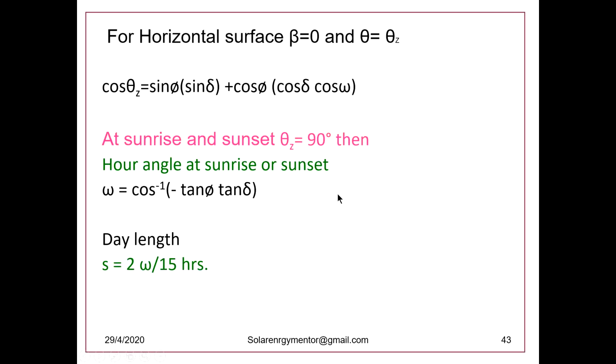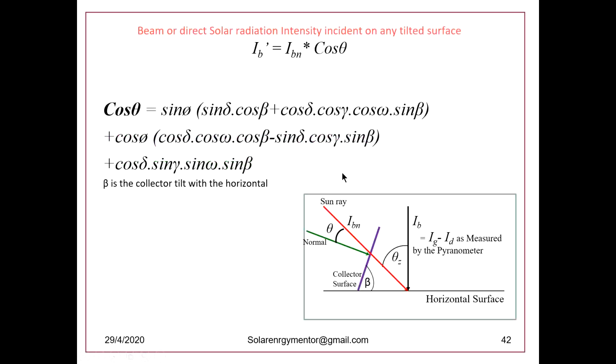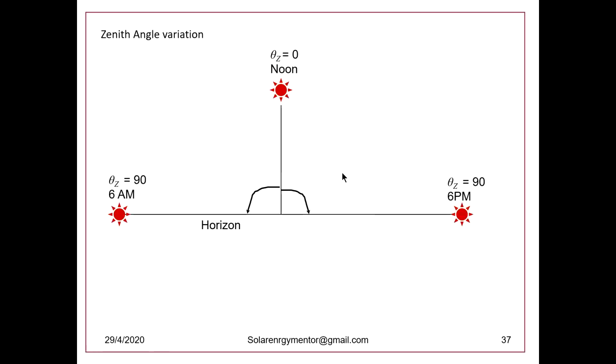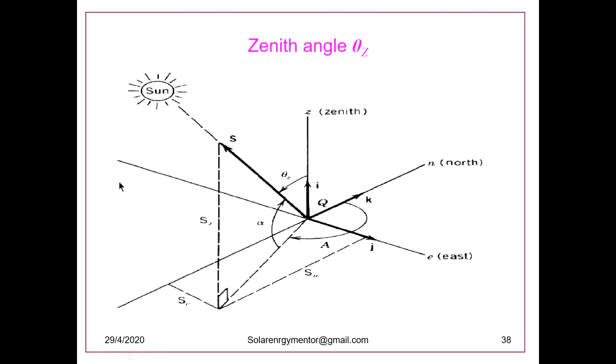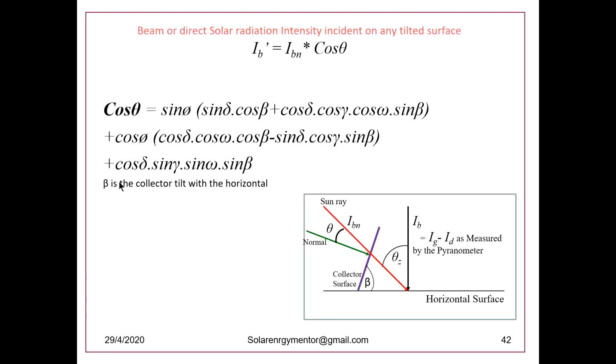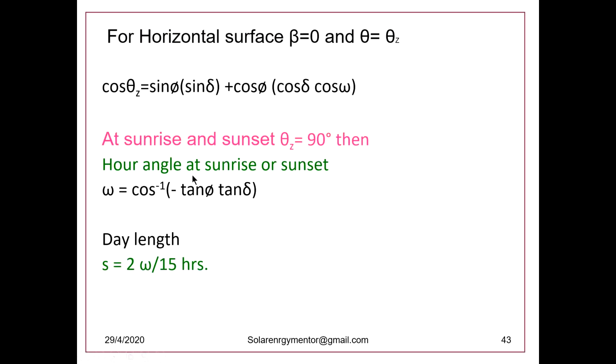At sunrise and at sunset, theta z is equal to 90, as we have seen in the previous expression. So then we can find out the day length from this.